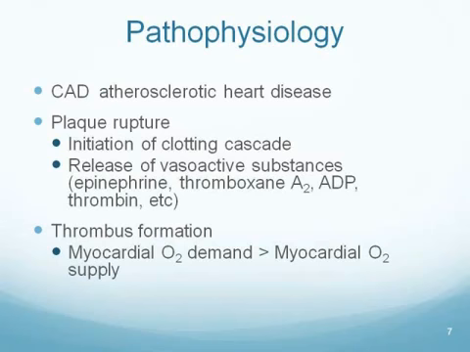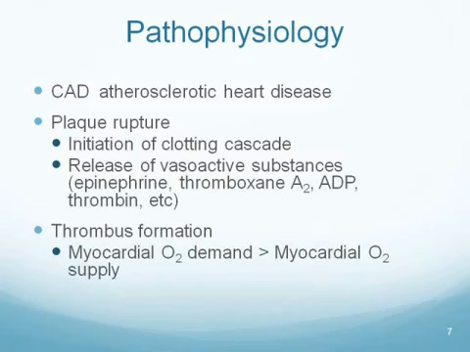When the plaque ruptures, this really initiates the clotting cascade. And in addition to the coagulation beginning, we also have release of vasoactive substances, which causes vasoconstriction of the coronary artery. This further reduces blood flow distal to the lesion.